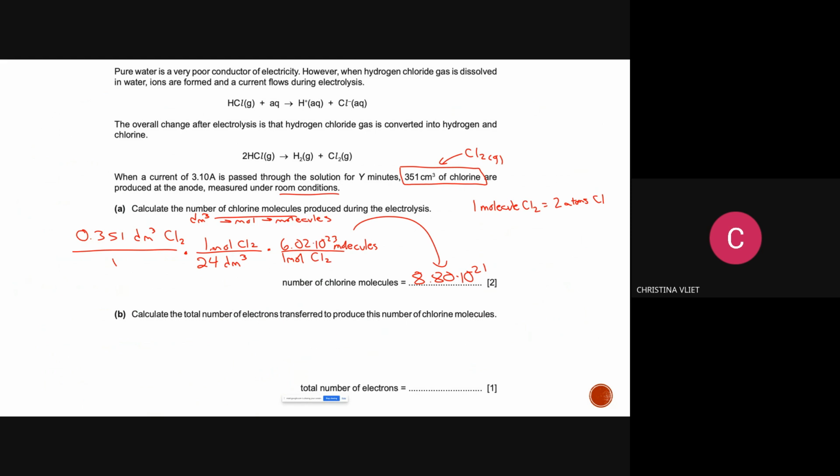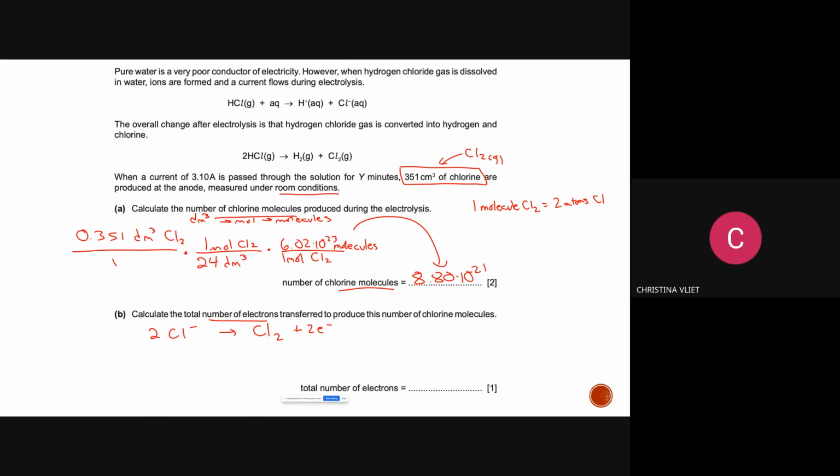We need to make an equation. If we need the amount of electrons, we've got the amount of chlorine, we need to make an equation, don't we? So wouldn't that be 2Cl minus goes to Cl2, because we're doing chlorine? What am I missing? The most important part. You have to fill in the amount of electrons. How many and on which side?